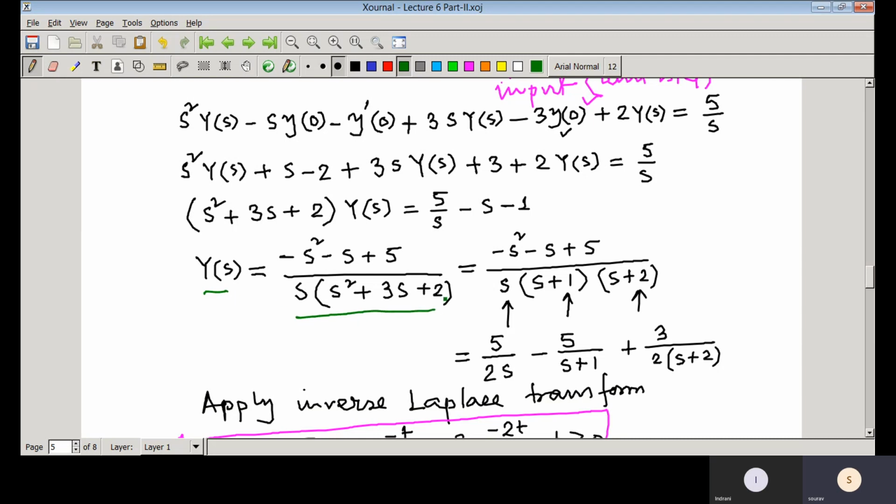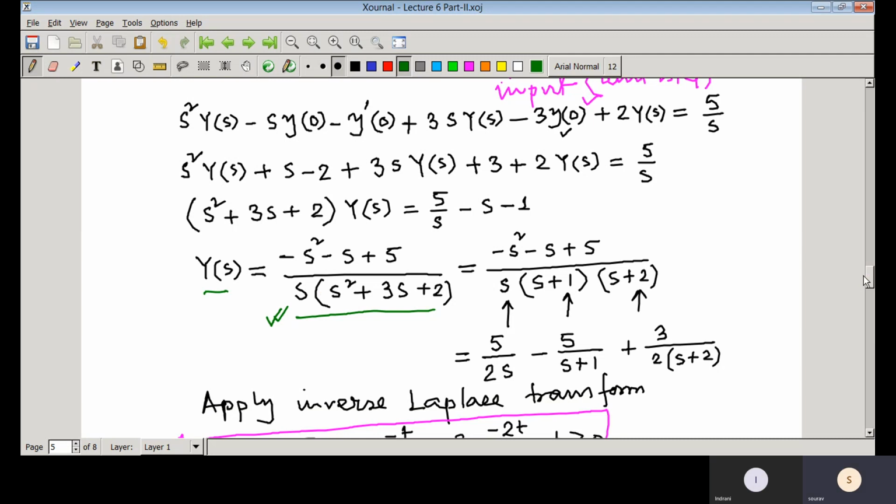In a numerical problem, if you are asked to find the steady state value for this given rational function, later on you will see that this is called a transfer function, and you are asked what the steady state value would be if a unit step function is applied, how do you find it?